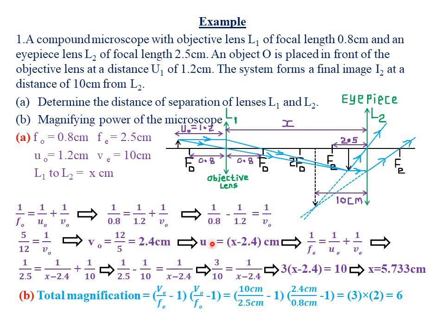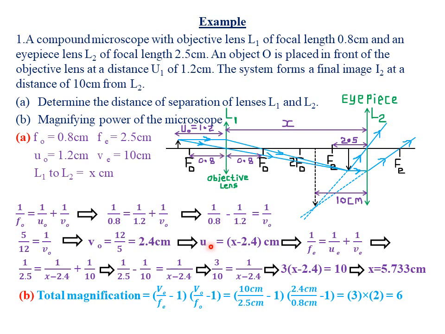Then we can clearly see that if you want to find UE, which is the object distance of the eyepiece, we'll simply have x minus 2.4. Because the distance from the objective lens up to where the image of that particular objective lens is formed is 2.4, and the distance from L1 to L2 is x, it simply means that the remaining distance, which is the distance from our image up to the eyepiece, will be equal to x minus the distance of the image formed measured from the objective lens.